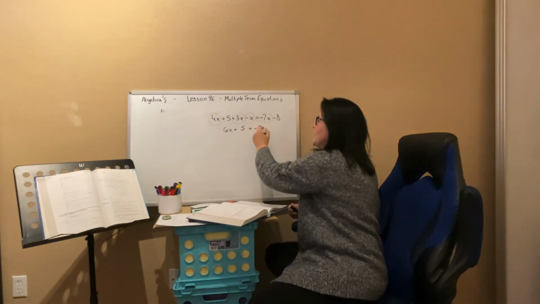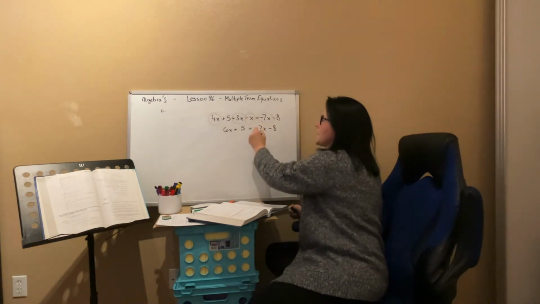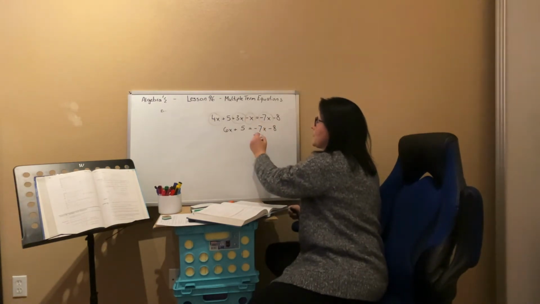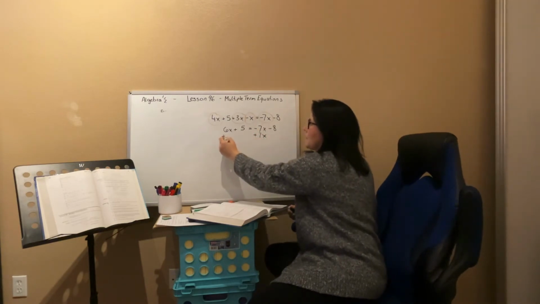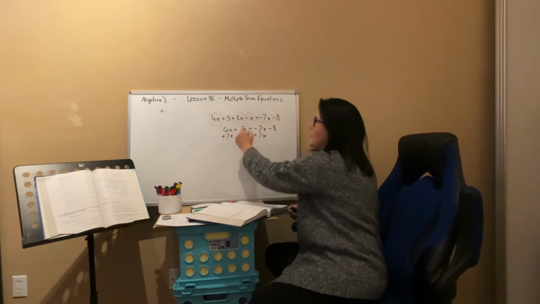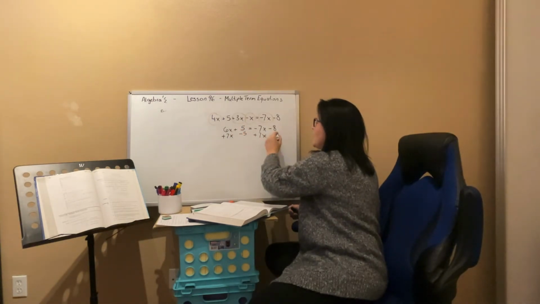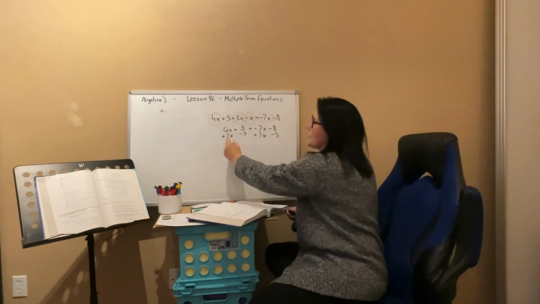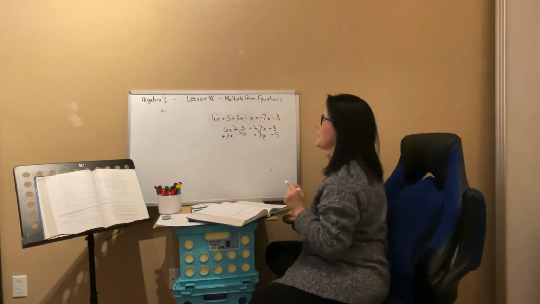Negative 7x minus 8. So this is less x's, so we're going to get rid of them. So plus 7x. It says minus, the opposite is plus 7x. And then we're going to get rid of the 5 right here. So minus 5 minus 5. So the x's fall away on this side, and the 5's fall away on that side.